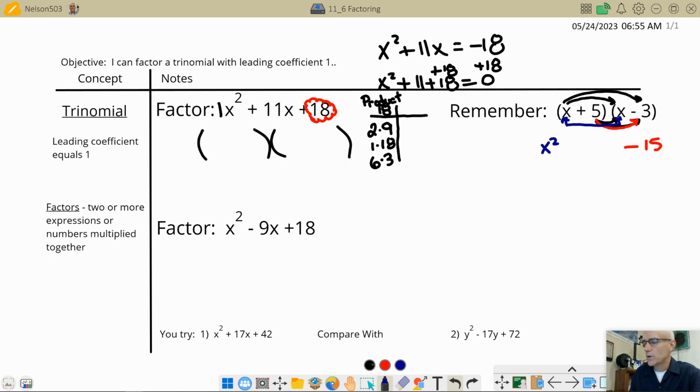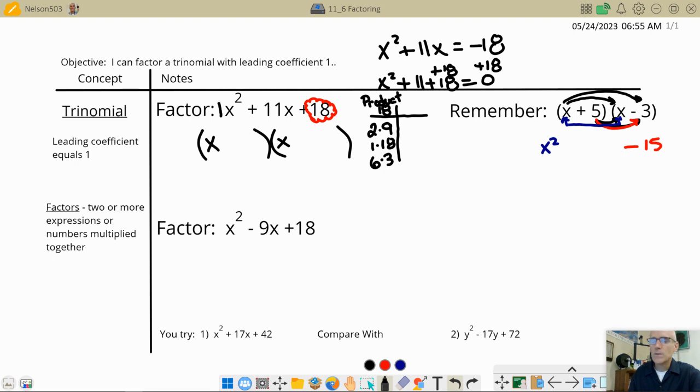So I'm going to put x. I just know this has to be an x and this has to be an x because the only way we're going to get that 1x squared is if it's a 1x times a 1x. All right. So that makes this concept today a little bit easier. We don't have to worry about this leading term, this x squared, because it's a 1x squared. So we know we have a 1x times a 1x.